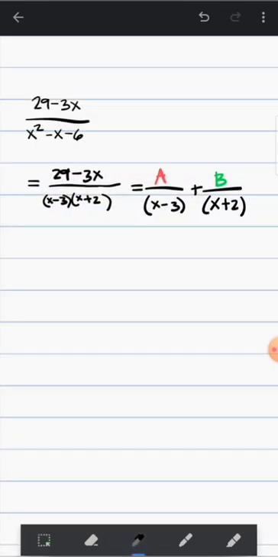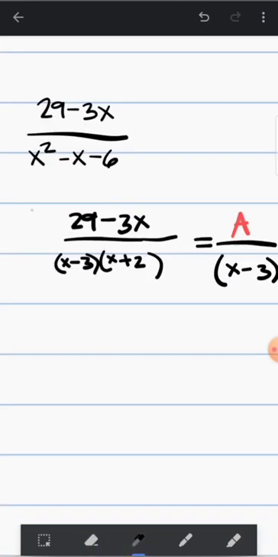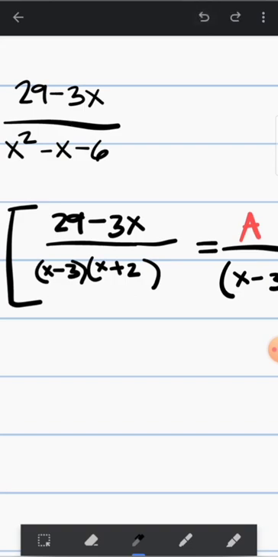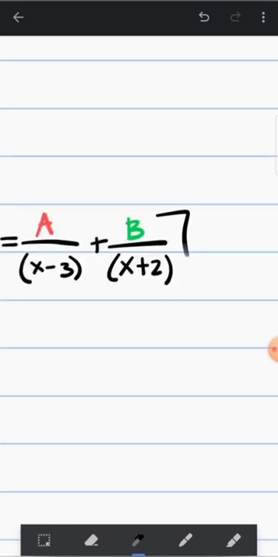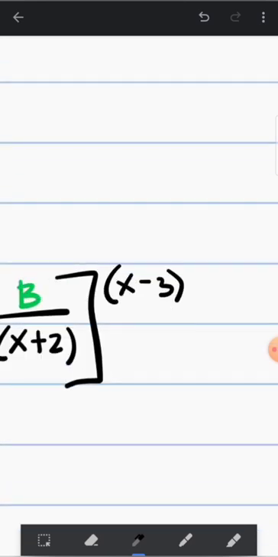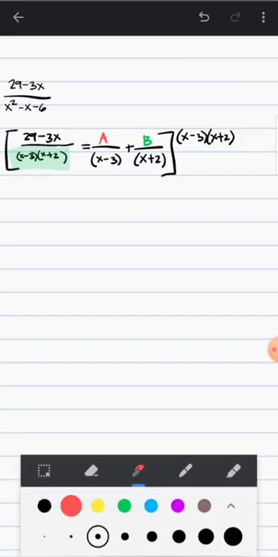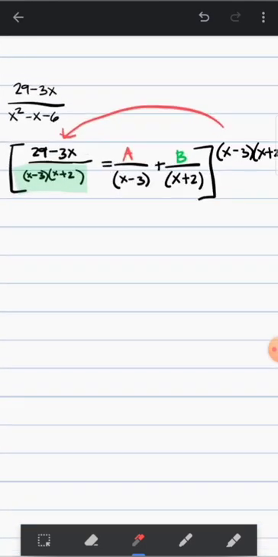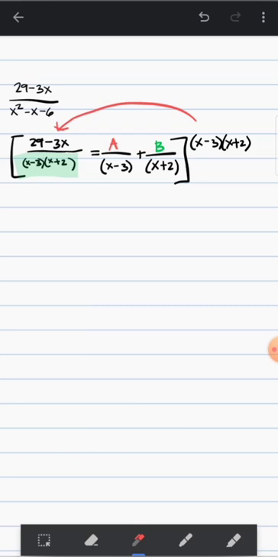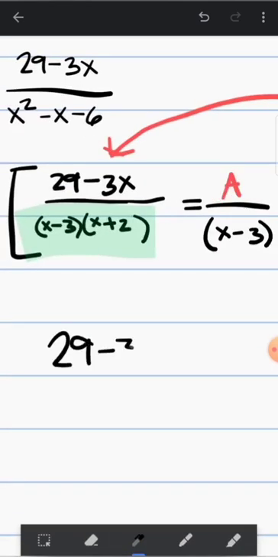Next step, multiply the whole equation by the denominator or the factors we have here. Multiply it all by x minus 3 times x plus 2. So if we multiply it to the first term on the left, 29 minus 3x over x minus 3 times x plus 2, the x minus 3 and x plus 2 will get cancelled out, and we're going to be left with only 29 minus 3x.